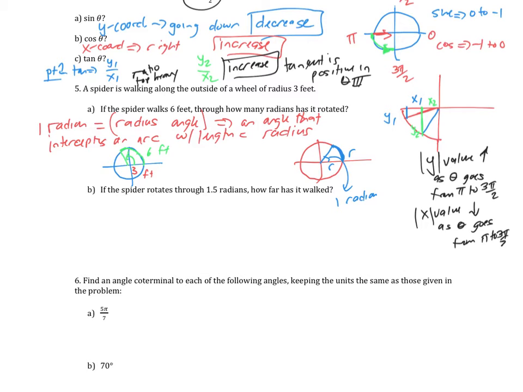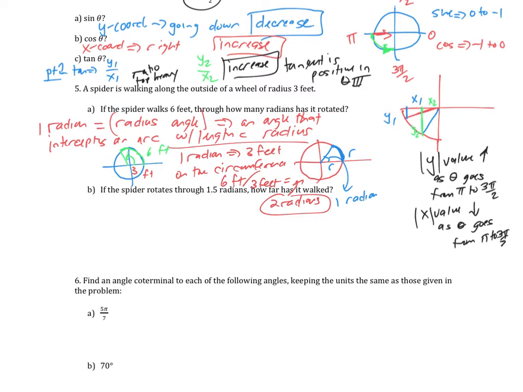So Amy walked 2 radians. I'm going to write that down. 1 radian corresponds with 3 feet on the circumference. So 6 feet divided by 3 feet equals 2 radians. That's the answer to letter A.